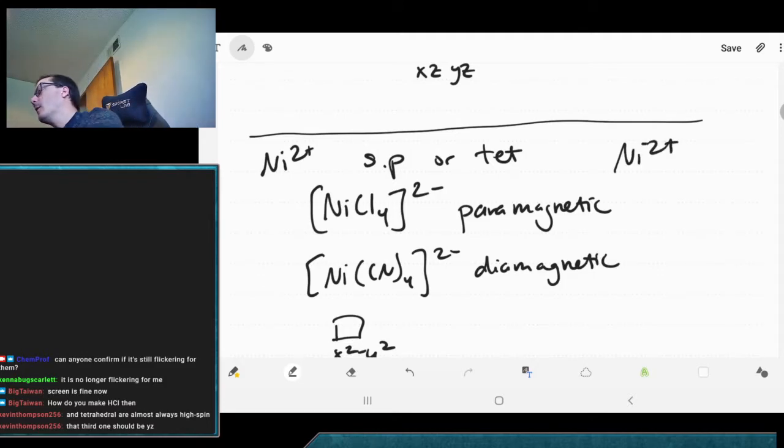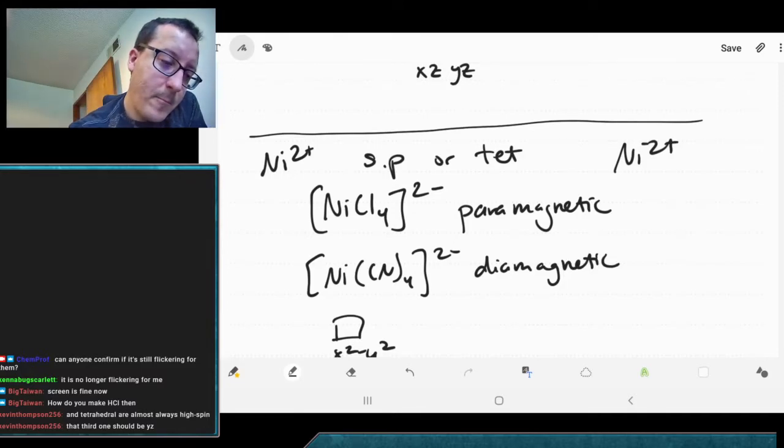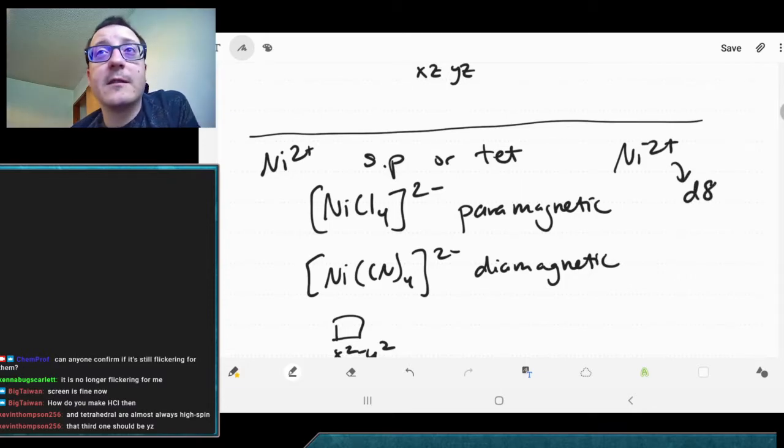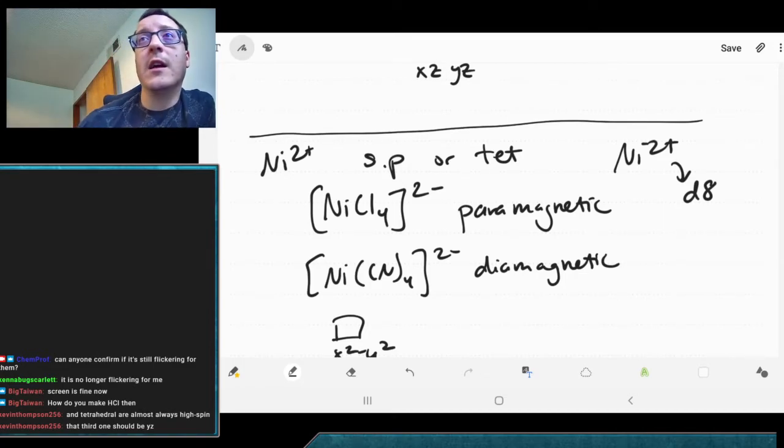If we find nickel on our periodic table, nickel is 1, 2, 3, 4, 5, 6, 7, 8. So it's got 8 d electrons. It's lost its s electrons, right? We always lose s electrons first.